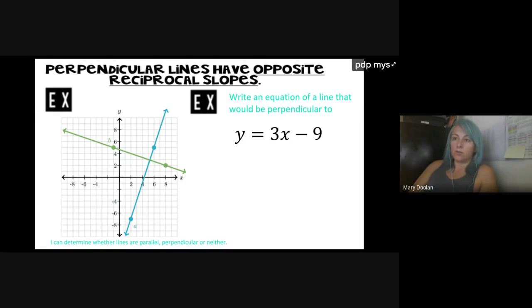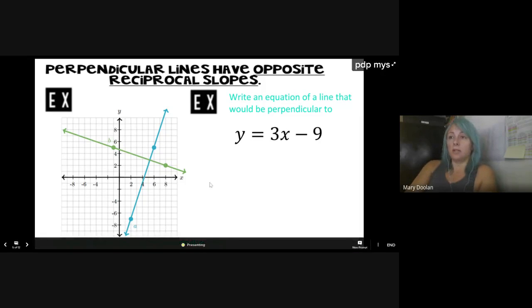So if you look at this picture, we have a green and a blue line graphed. And if we want to find out if they're perpendicular, well, let's take a look at this blue line first. You could find the slope of any line with a picture if you take 2 points that intersect the grid and you count rise over run. All right, I can see that this line is going up and to the right.